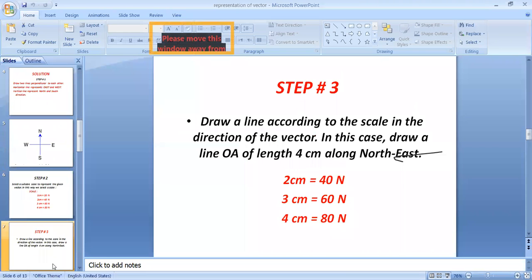Okay, step number 3. Draw a line according to the scale in the direction of the vector.